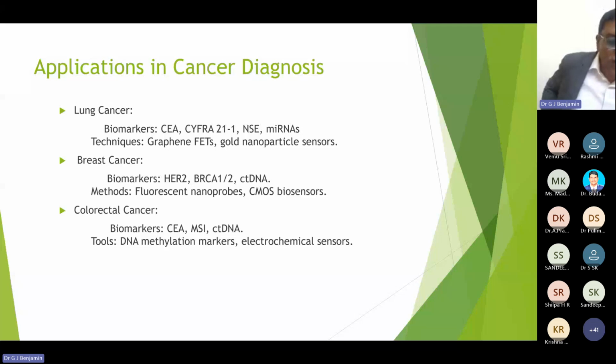In breast cancer, the biomarkers are HER2, BRCA1 and 2, and ctDNA. The methods used are fluorescent nanoprobes and CMOS biosensors. In colorectal cancers, the biomarkers are CEA, MSI, and ctDNA. The tools are DNA methylation markers and electrochemical sensors.